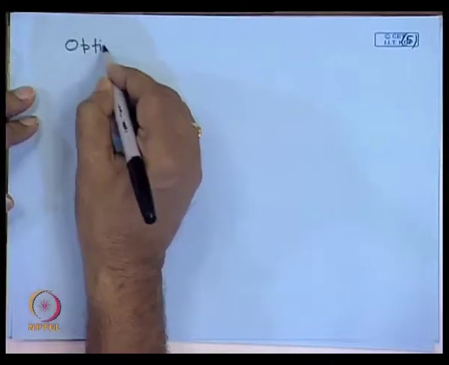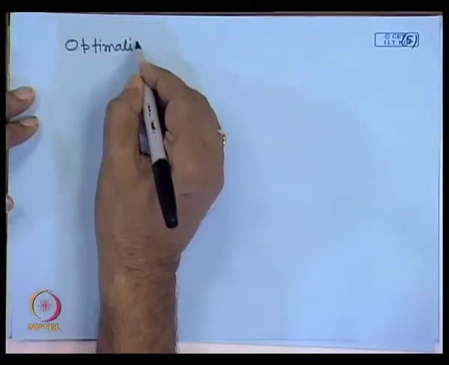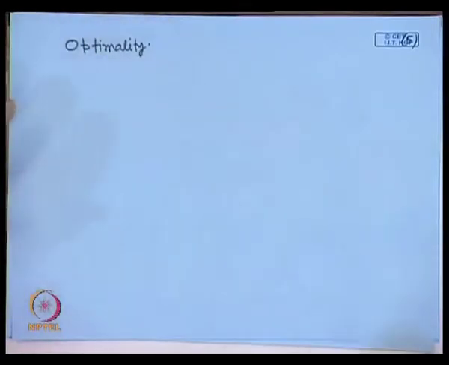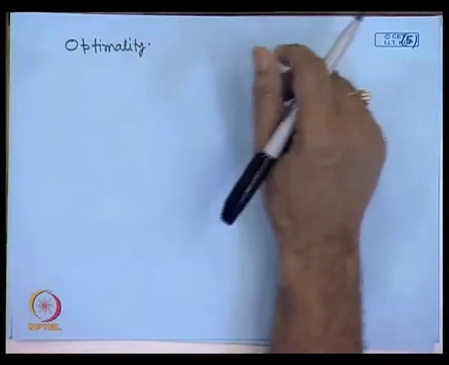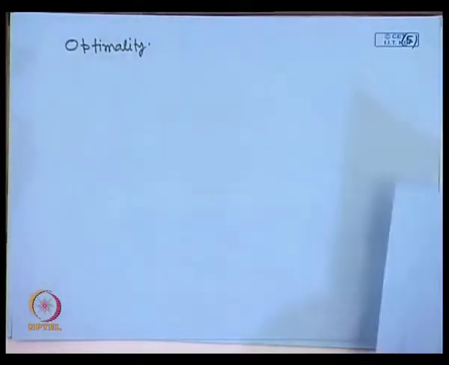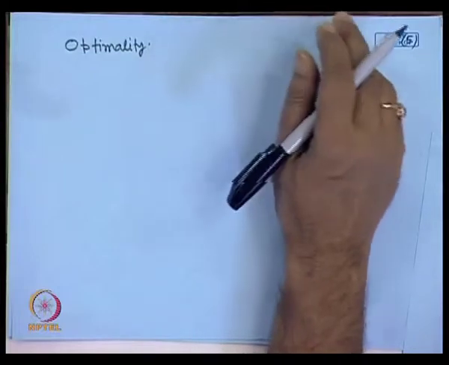So, next is optimality. And one thing I forgot to tell you: in the steepest descent method, the convergence rate is linear, meaning order 1. Whereas in the conjugate gradient method, the convergence rate is between 1 and 2.